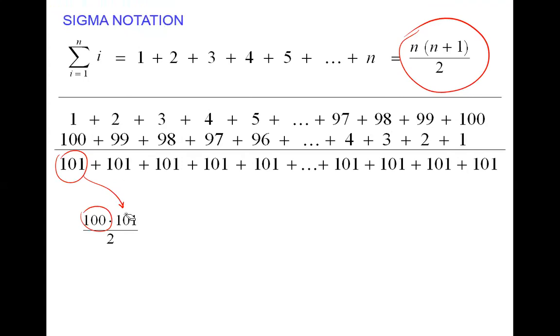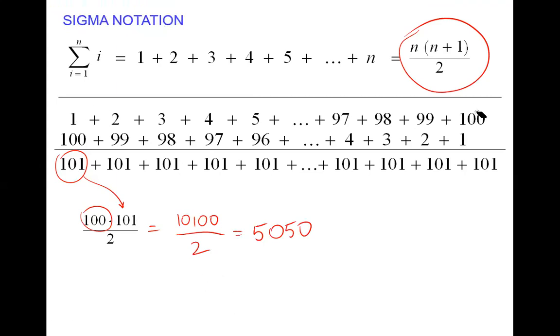That means if I multiply 101 times 100, I am getting that number, but this sum is actually double, because we can see I doubled my hundreds. That means I have to divide by 2. 5,050. That's how the formula was created.